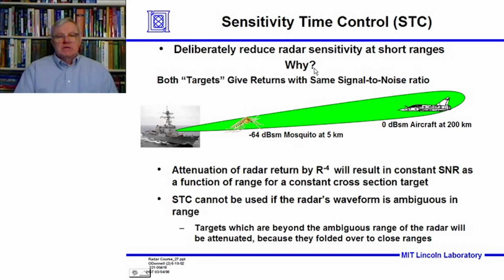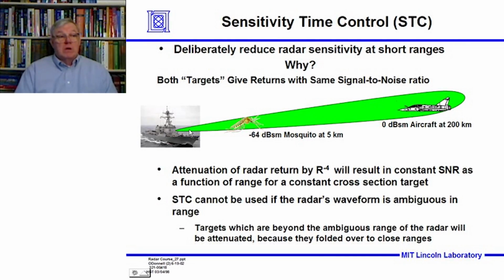It deals with the issue, and here we see a ship-based radar that's sending out a signal. Let's just assume these numbers aren't specific characteristics of any radar or any target. The pictures are just figurative examples.